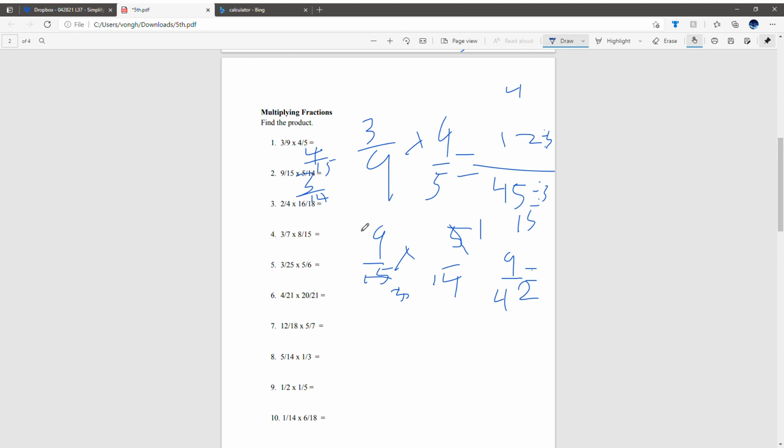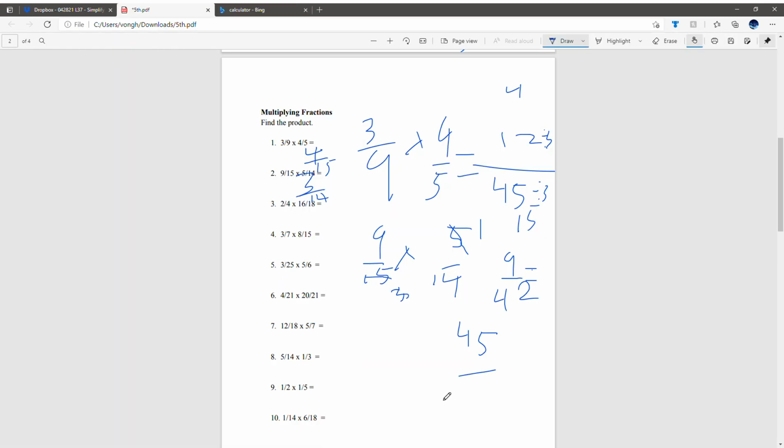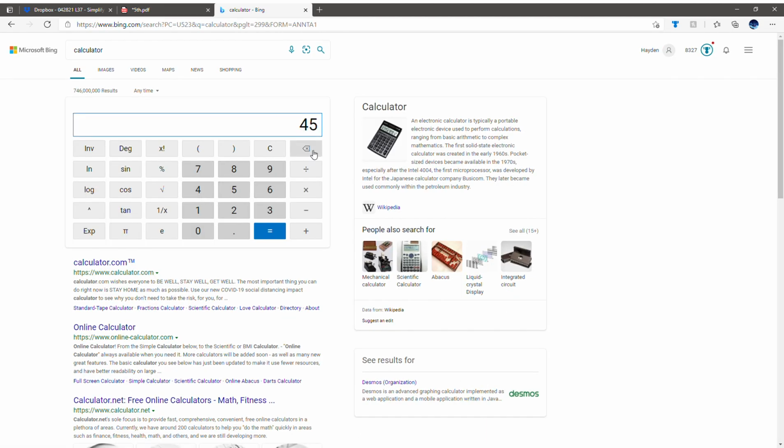And even if you didn't simplify it, you would have had to do 9 times 5 equals 45, and then 15 times 14, I don't want to do that in my head, you would have got 210. And you could have simplified it to 3/14 too, because if you divide 45 by 15, you get 3.